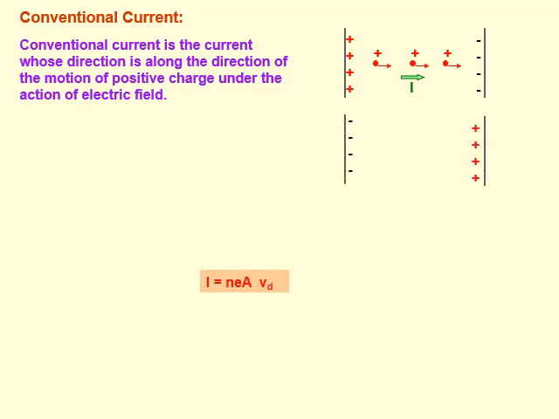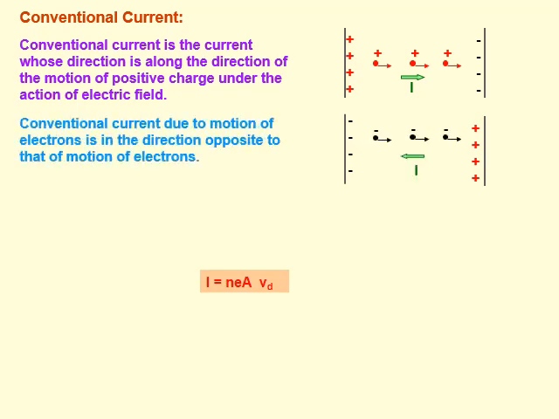In the second figure, you can see the flow of negatively charged particles taking place from negatively charged plate to positively charged plate. This current has a direction exactly opposite to the direction of conventional current. So if current is due to the flow of electrons, conventional current has a direction opposite to that of motion of electrons.